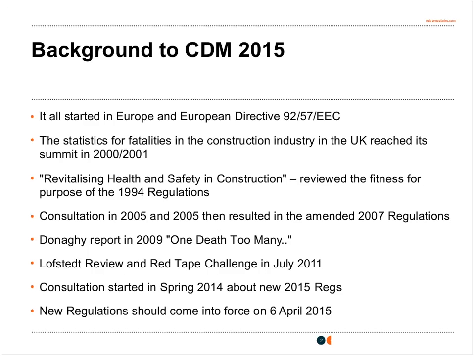In the UK, many of you may be aware that there has been a real focus on construction safety by both the Health and Safety Executive and indeed by government over the last decade or so. Why is this? Well, there were reports in 2000 and as recently as 2009 which have identified that there is still an unacceptable number of construction deaths and indeed injuries in the UK.